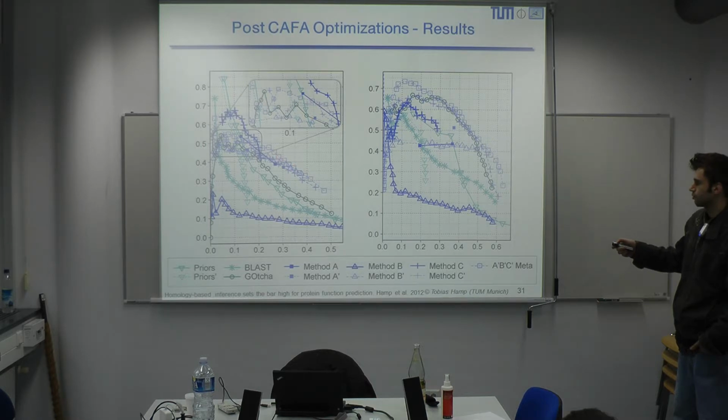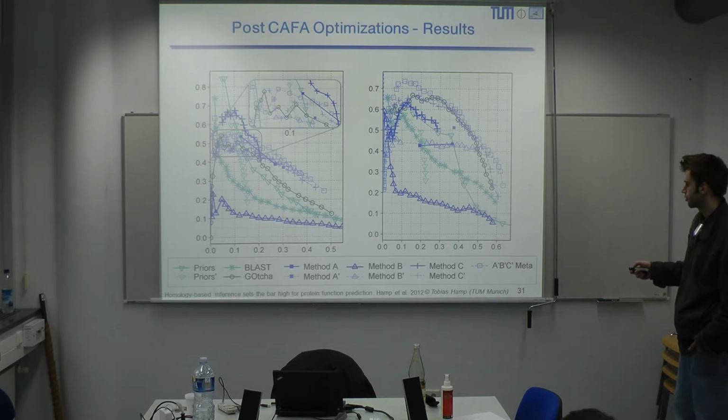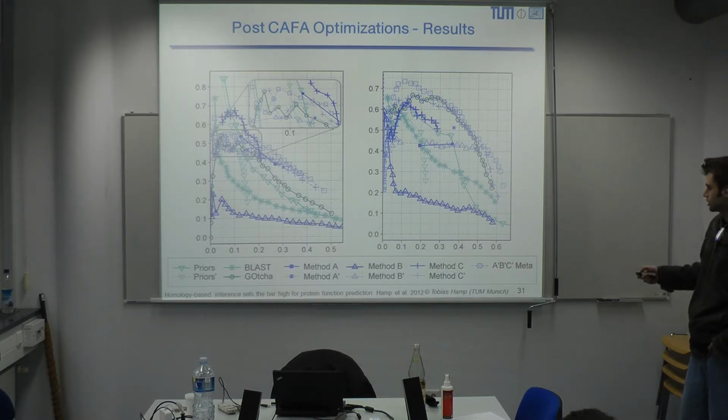This method performs really well for intermediate levels of recall in the BPO ontology, which is on the left here, and for all levels of recall in the MFO ontology. Only method C here, which was actually submitted to CAFA but not evaluated, also performed really well for low recall regions in the BPO ontology.